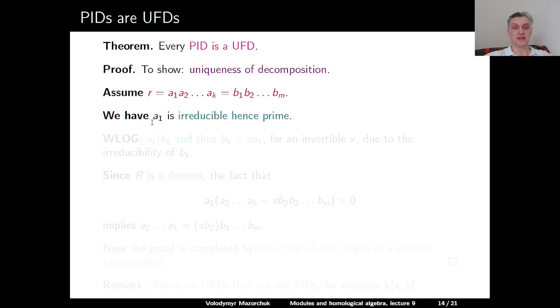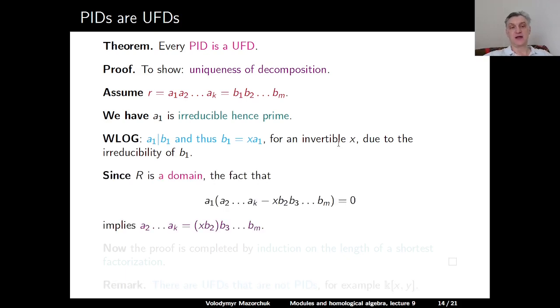So the element A1 is prime, and since A1 divides the product of all B's, it should divide one of these elements. So let's assume that it divides B1. And so we can write B1 as x times A1, but B1 is irreducible, so x must be invertible.